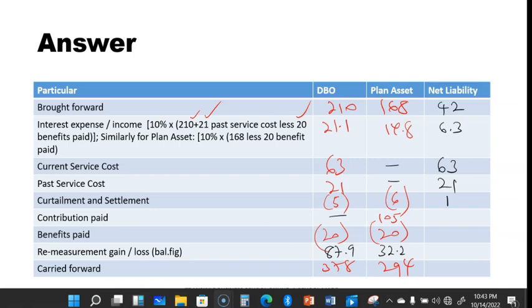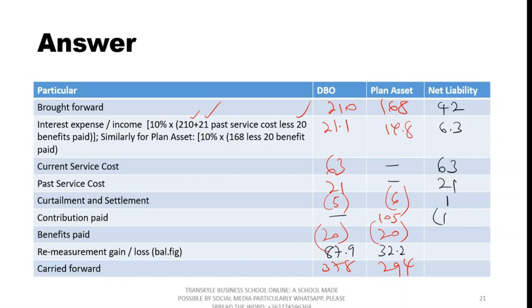Here we are having negative 105, and there we are having a 0. The reason why I put a 0 there is because we are not in the same position with this one.